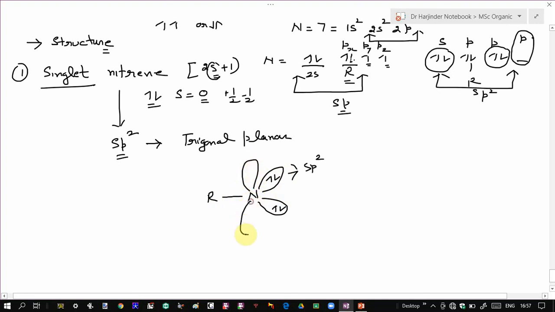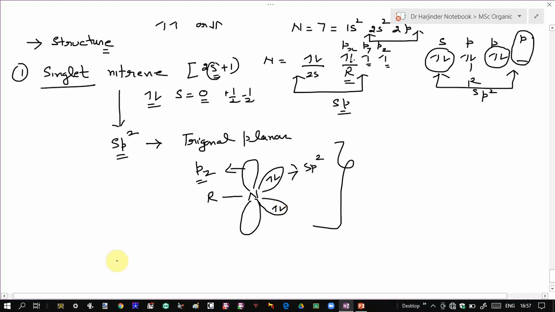So it is present like this. So it is vacant pz atomic orbital. So this is the structure of singlet nitrene, in which both electrons are paired and non-bonding electrons are paired, and they are present in the same orbital.